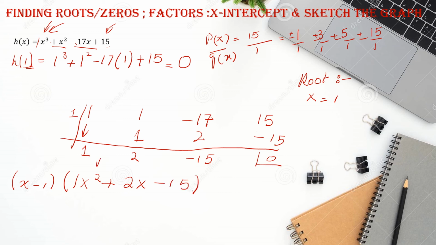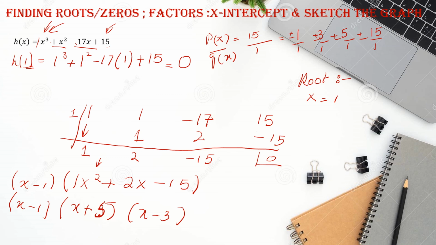Now you can see it is a very easy quadratic equation, so we can just factor it mentally or with the help of a calculator. So you have to factor 15 so that you will get the 2. So you have two factors, that means x plus 5 and x minus 3. Okay, because 5 times 3 will give you 15 and 5 minus 3 will give you plus 2.